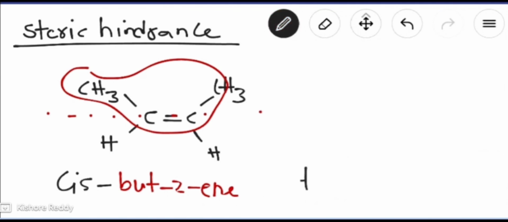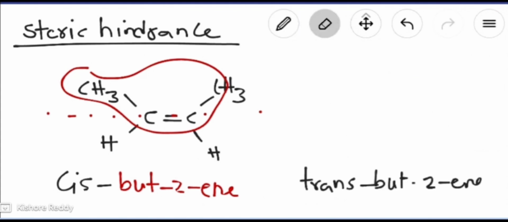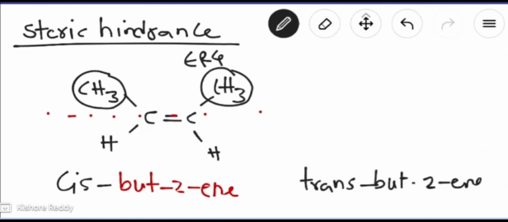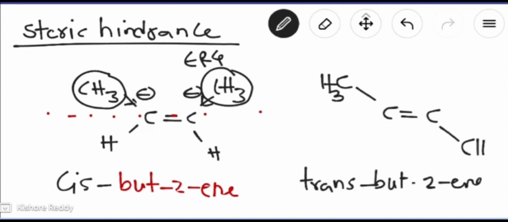Now if you are writing the trans but-2-ene, what will happen? These two groups, you know very well, are bulky groups, right? And also they are electron releasing groups, so they will send electron density onto these carbons. Is it right? On the other side, what will happen? CH3, C double bond C, and now the bulky groups are very far from each other, right?